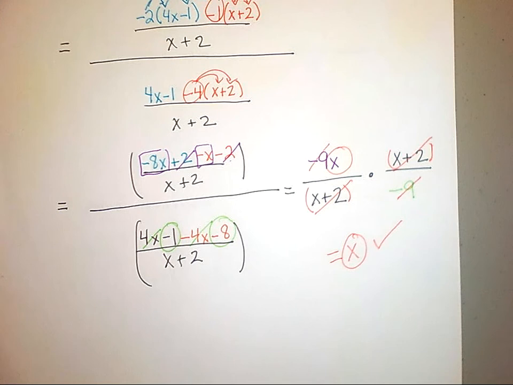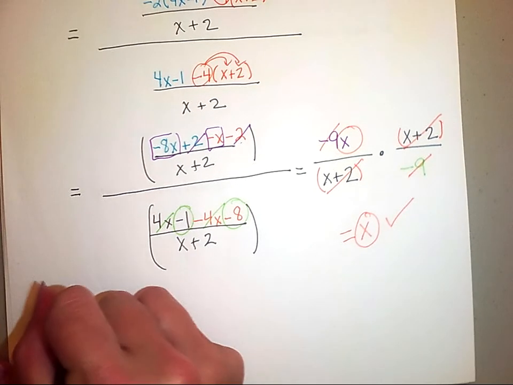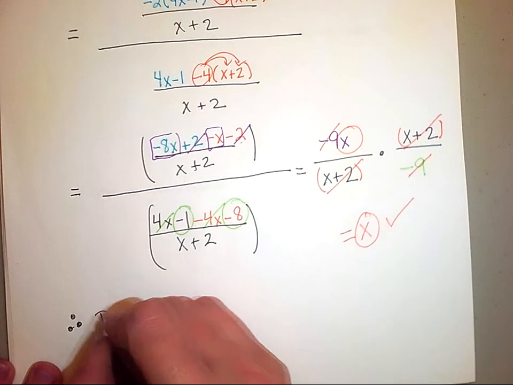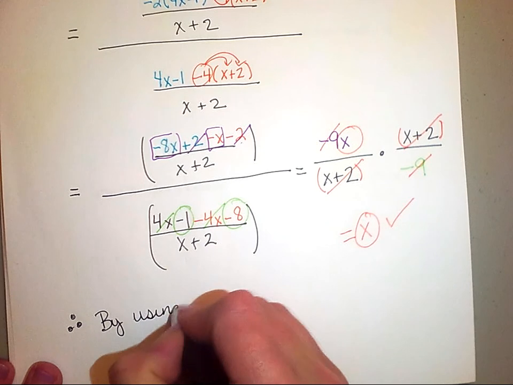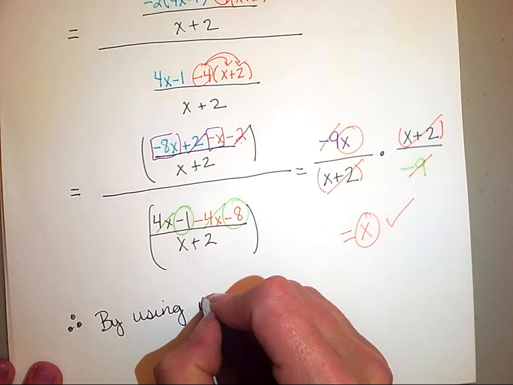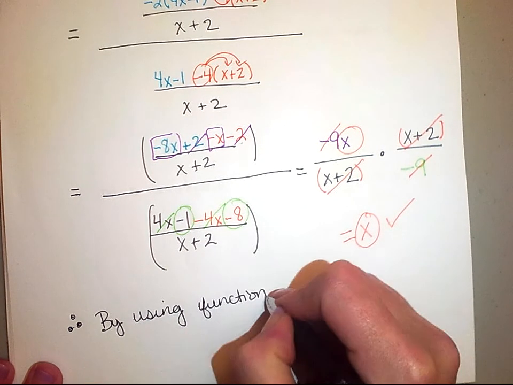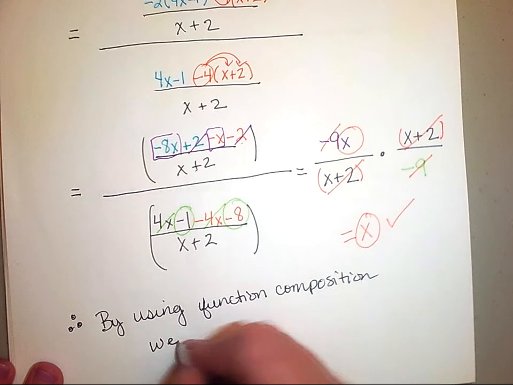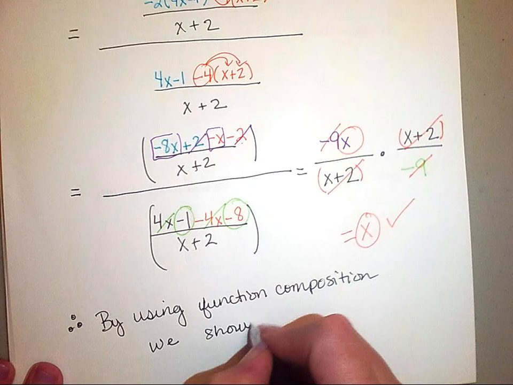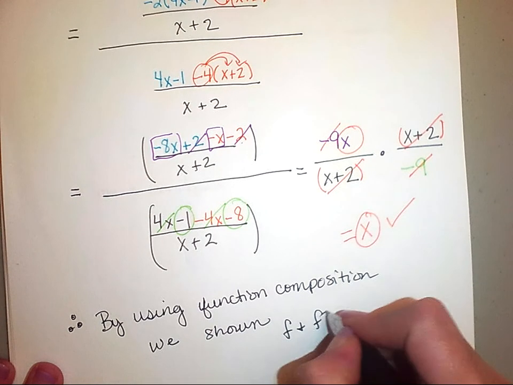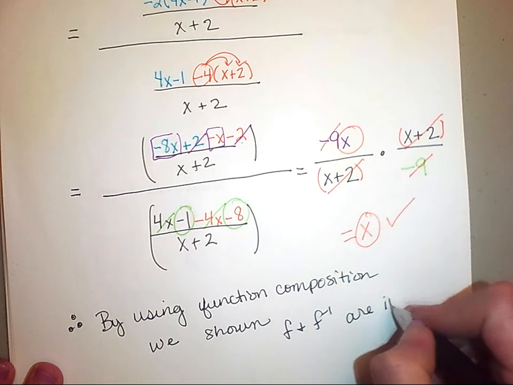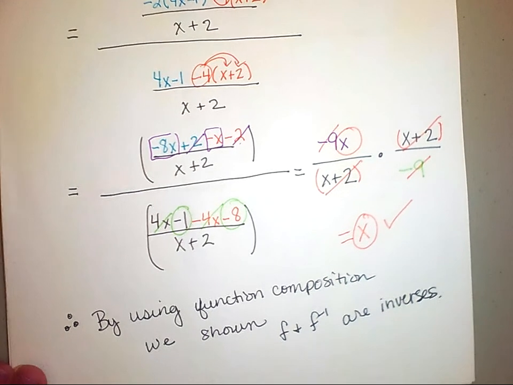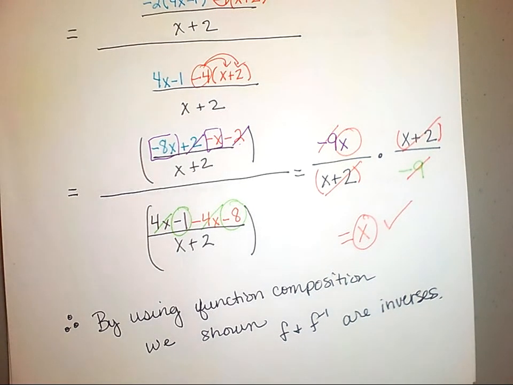Therefore, by using function composition, we have shown f and f inverse are inverses. So you'll be asked to demonstrate this on your exams and on your homework and on the worksheets.